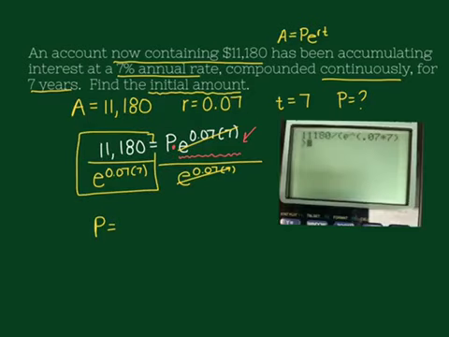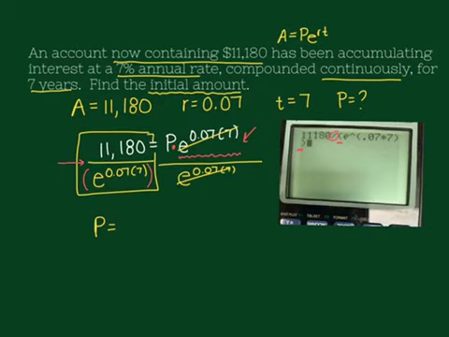So I'll show you how you would enter that in your calculator. If I want to put this into my calculator all in one step, what's important is that I put this entire denominator inside parentheses. So after I do my division sign, which represents this fraction bar, all of this denominator has to go in parentheses.